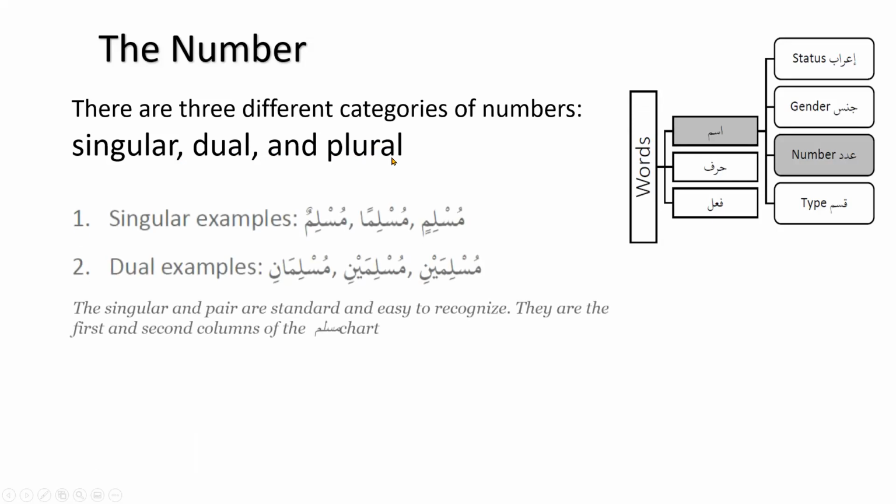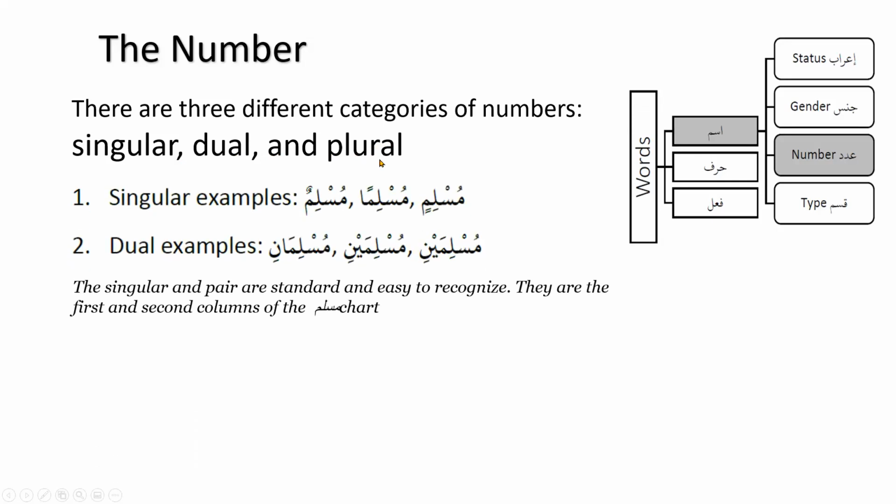Now singular examples are just like that, with un and in sound, or it could be the u sound if they are light. And dual is just from our chart, anything that's ending with ani and aini. So that's why the chart is important. I was telling you that the chart is still important, right? So the singular and the dual are standard and easy to recognize.